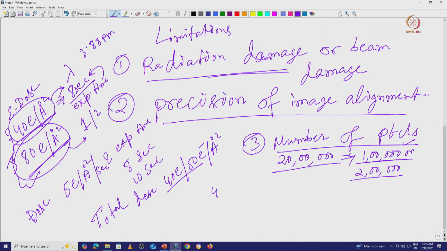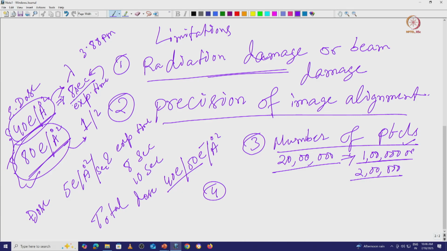The fourth problem is that our sample is staying in the physiological condition, in a normal buffer. When the protein sample is in a normal buffer, we are not using a very high salt concentration or other components to get the crystal. It will be in a physiological condition and it has lots of motion, and immediately when we are freezing, whatever conformation we have in the protein structure, everything will be preserved there.